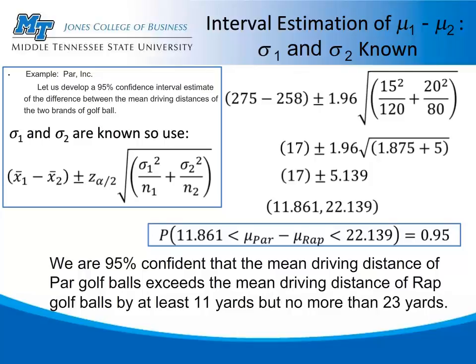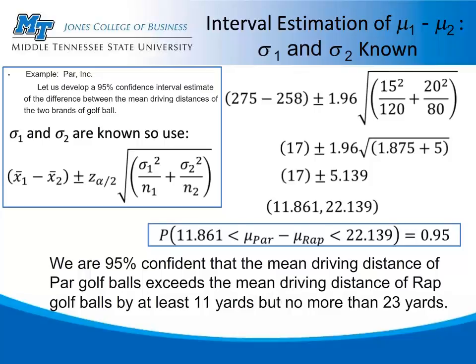Half of that 5% is going to be in the upper tail. Half of that 5% is going to be in the lower tail. But alpha over 2 tells you the probability that's in the tail. Now we figure out the z-value that's going to correspond to 0.025 being in the tail.